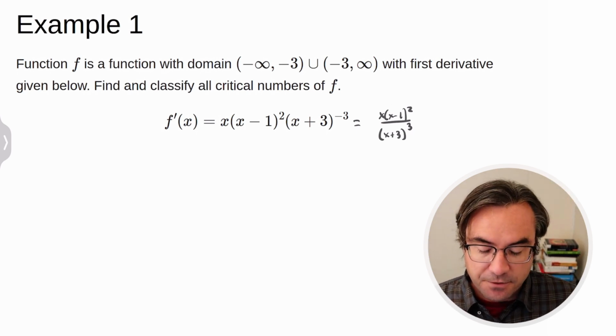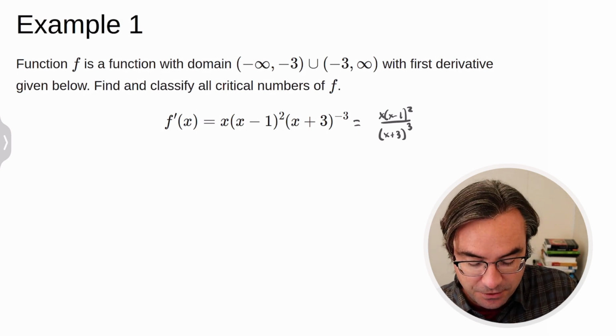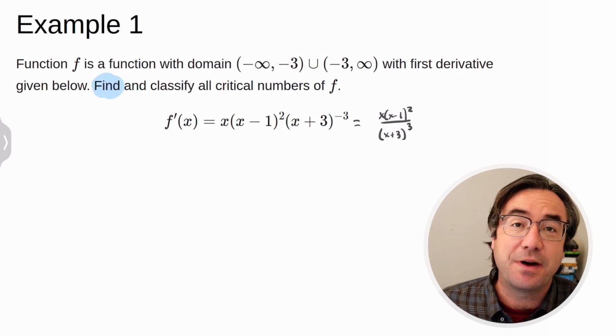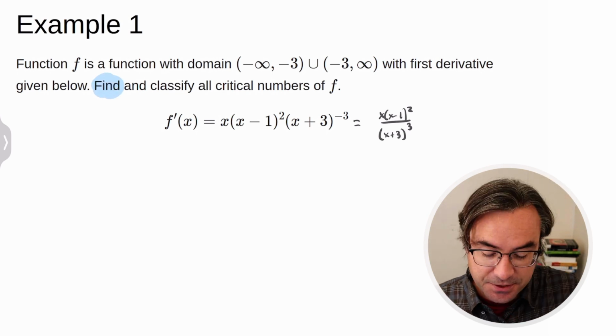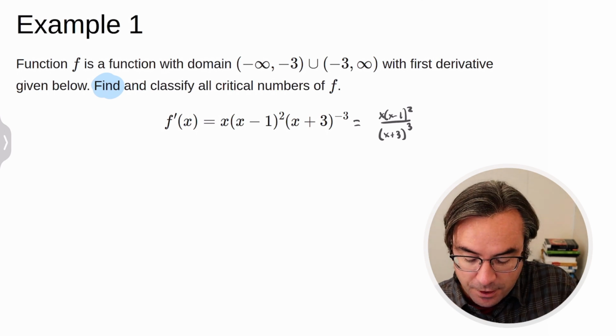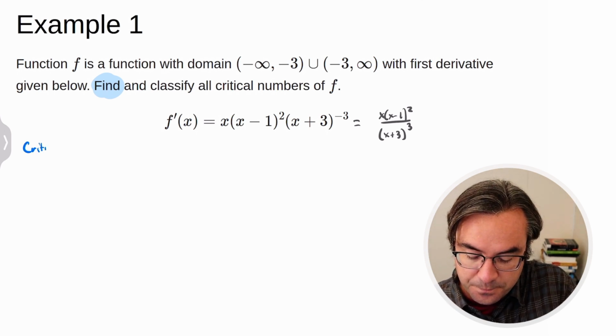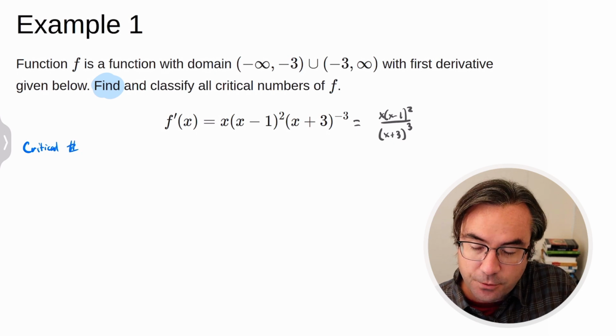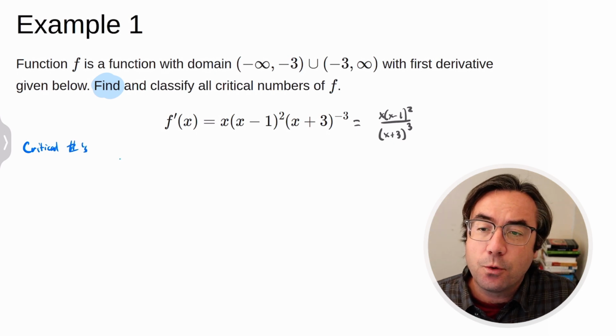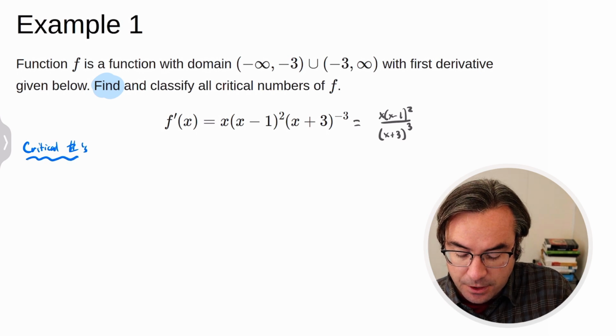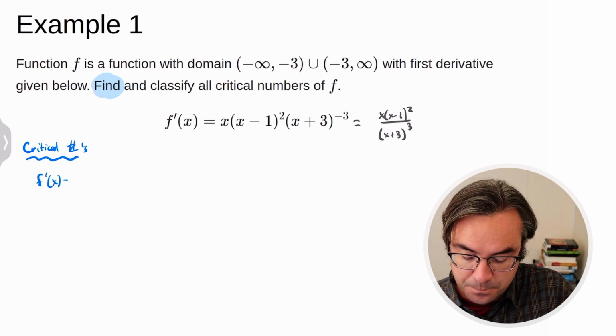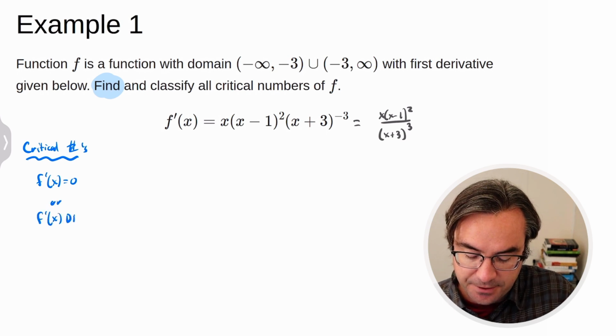So first step is we want to find our critical numbers. And when we've done this before, to get our critical numbers, we want to know where is the derivative either 0 or where is the derivative undefined.